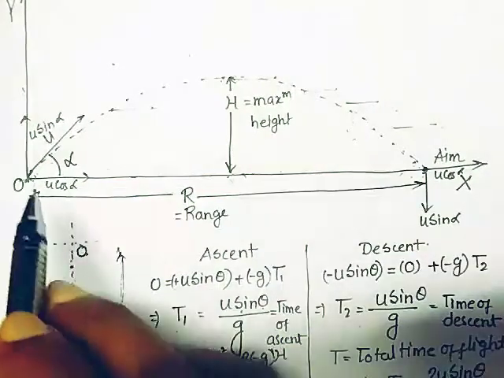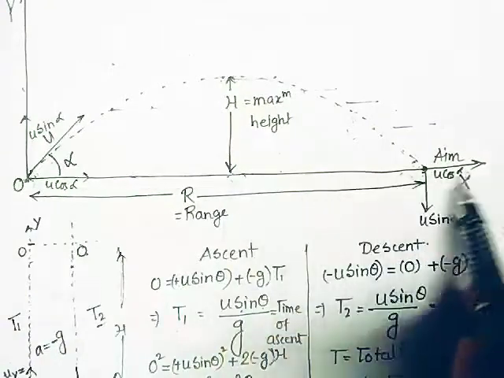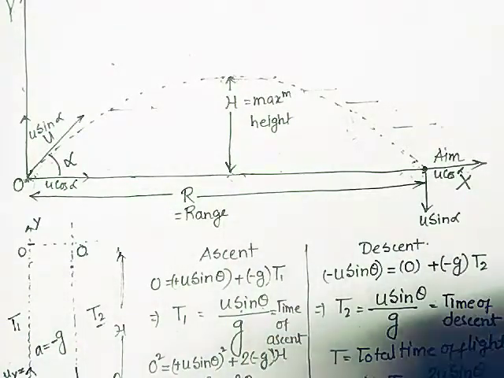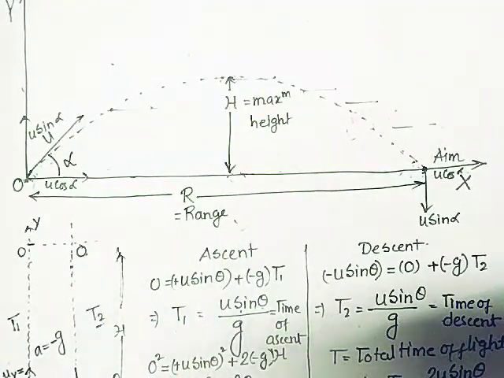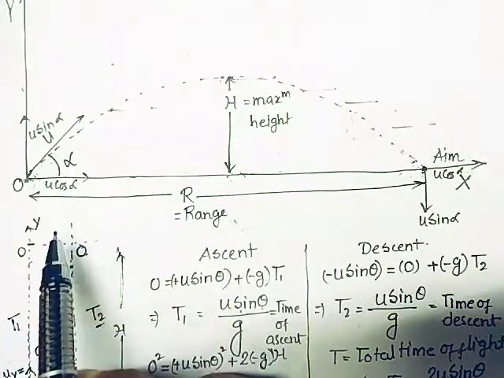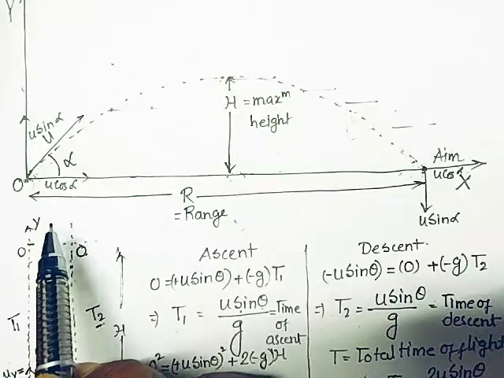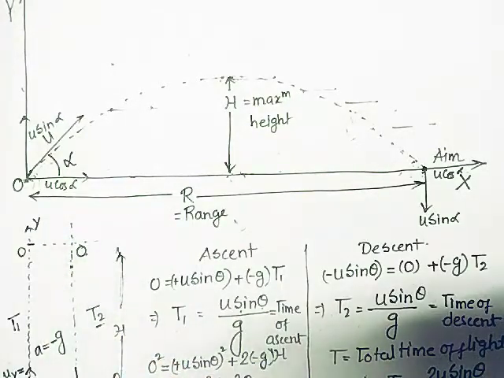So we can say, since along the capital X axis, along the horizontal motion, the particle is under constant velocity and no acceleration, because the acceleration minus g is acting perpendicular to it. This constant velocity will be u cos alpha, and it is maintained up to the total time of flight.